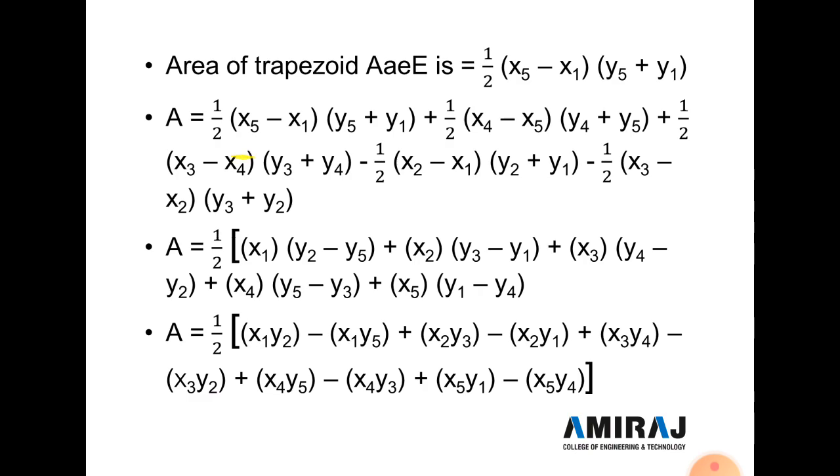Similarly area is equal to 1 by 2 (x5 minus x1)(y5 plus y1) plus (x4 minus x5)(y4 plus y5) plus (x3 minus x4)(y3 plus y4) minus 1 by 2 (x2 minus x1)(y2 plus y1) minus 1 by 2 (x3 minus x2)(y3 plus y2). Now solve the entire equation and we got the answer like this.